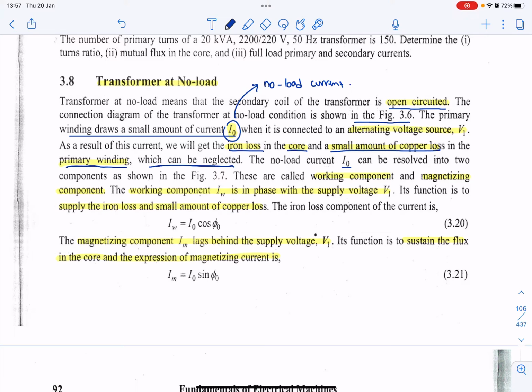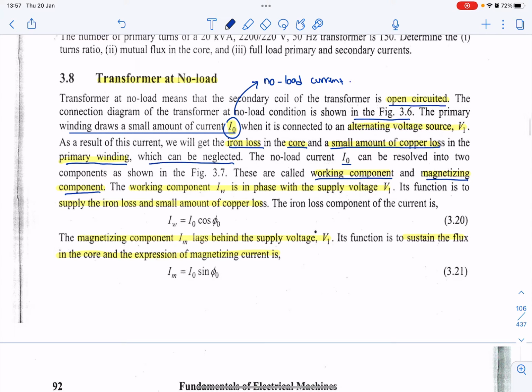These are called the working component current and the magnetizing current. So I0 is equal to IW plus IM, where IM is your magnetizing current and this is the working current.